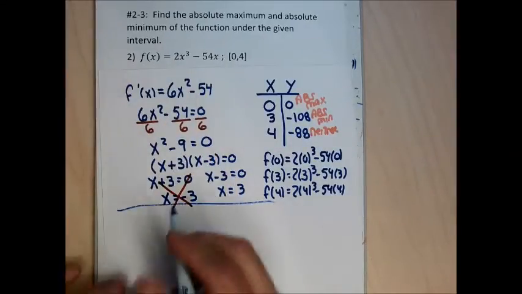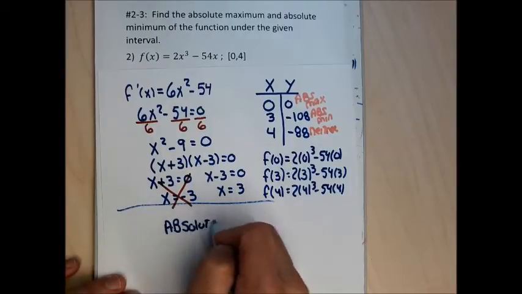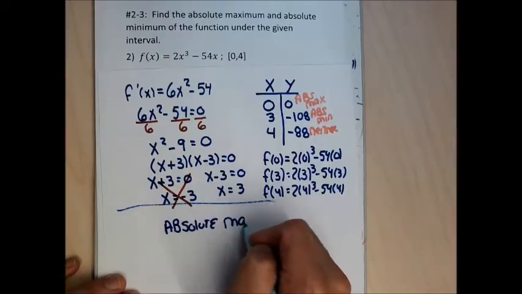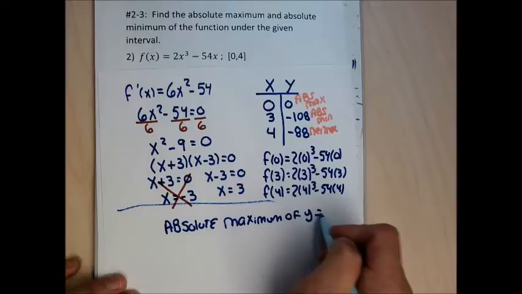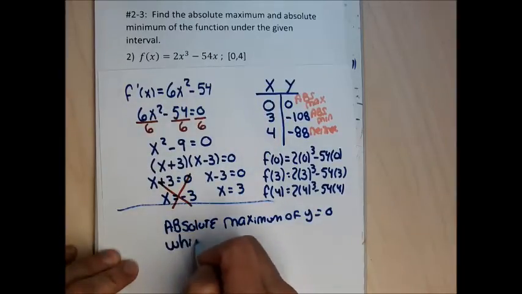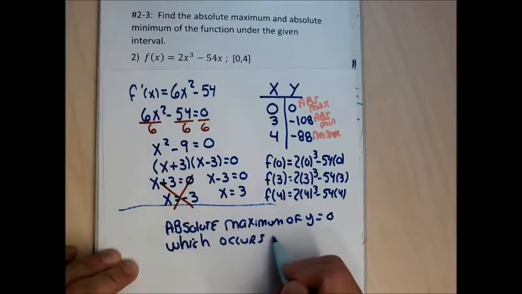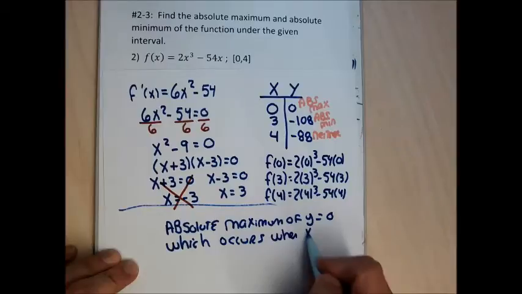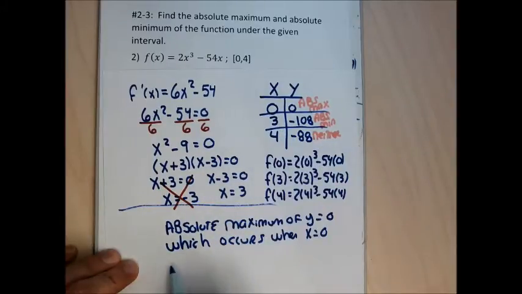So for this problem, I'm going to say there's an absolute maximum of y equal to 0, which occurs when x equal to 0, using that first point. Now I'm going to do the second point and do an absolute minimum.